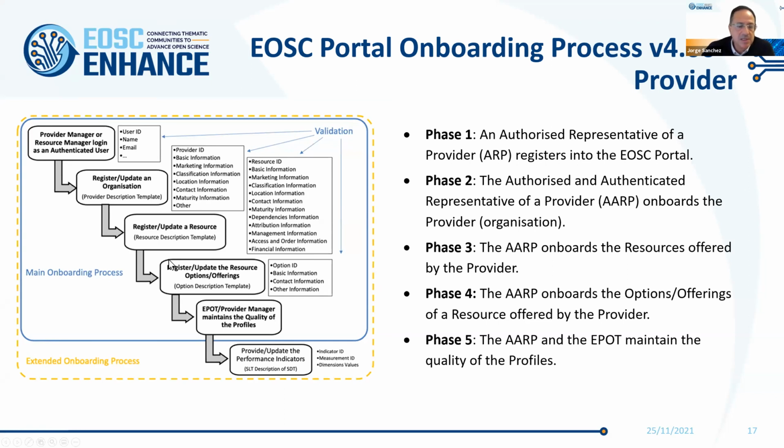Obviously, it is expected that in the years to come, additional steps will be added to facilitate other features and functionality. And obviously some of the existing phases will be decomposed in smaller steps so that the initial onboarding process will be easier than it is at the current stage.